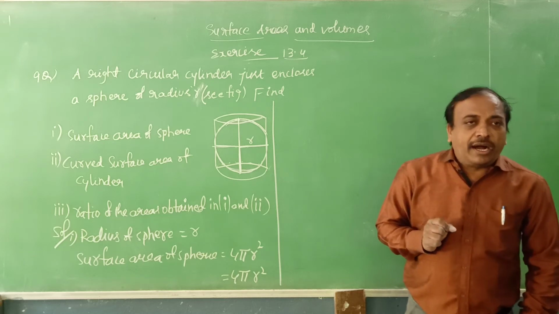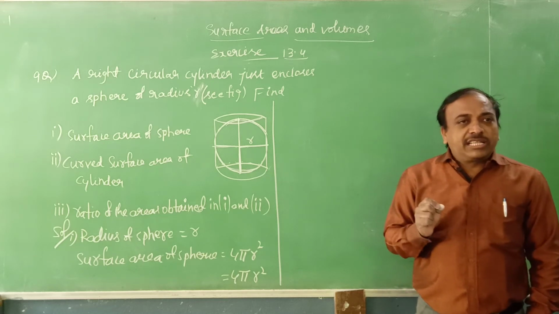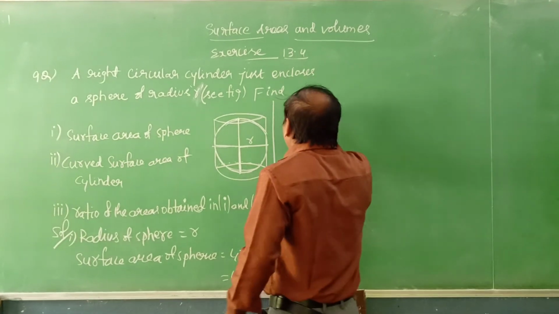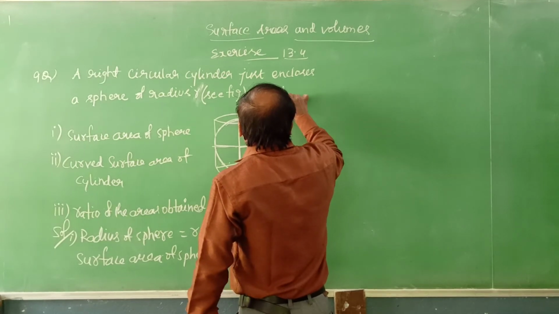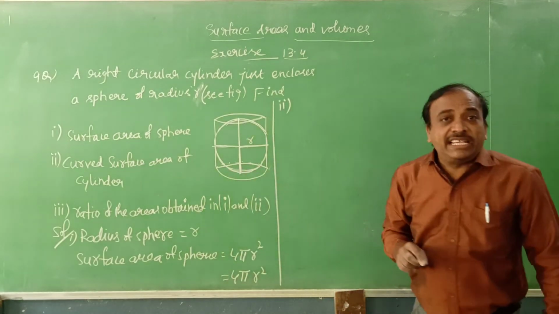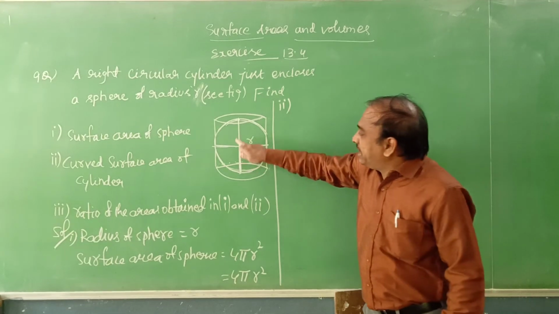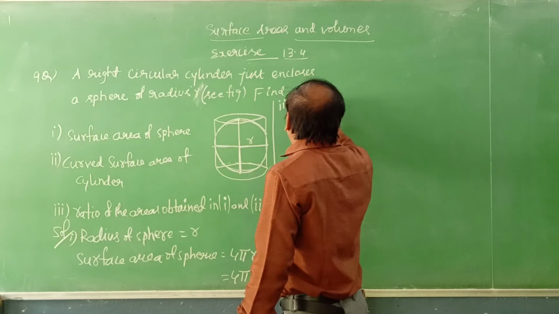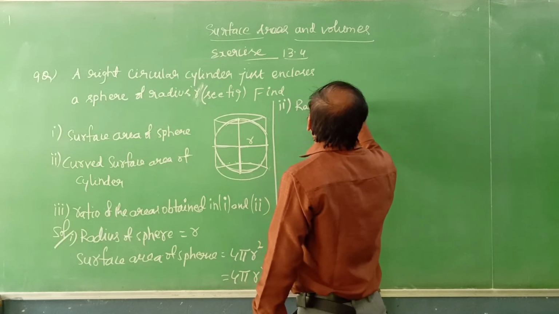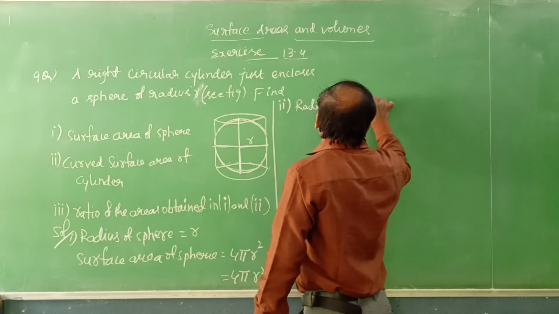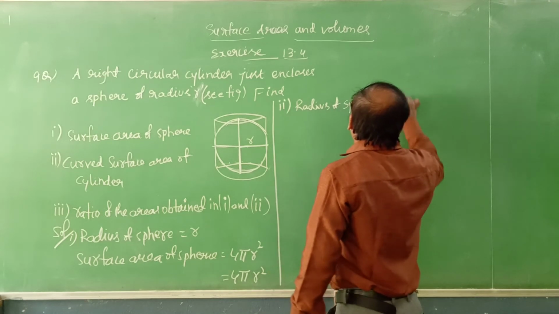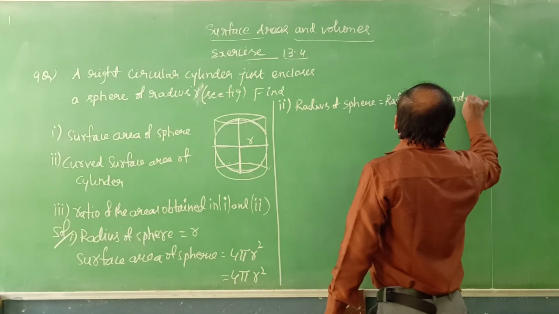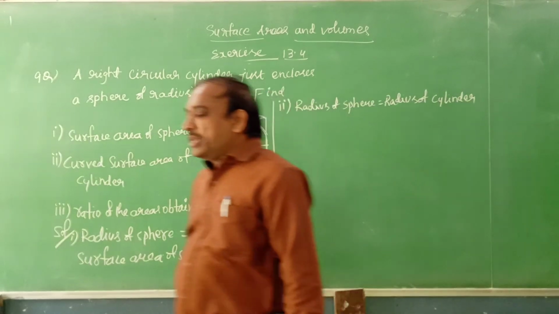So for the second one, the radius of the sphere is equal to the radius of the cylinder.